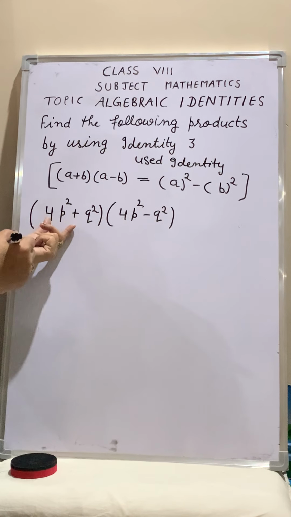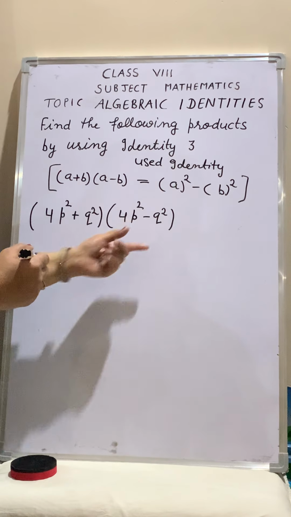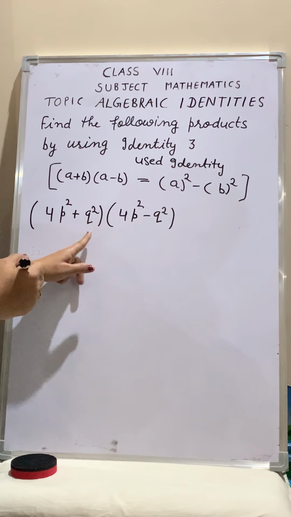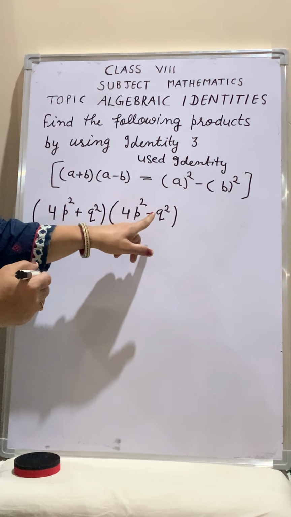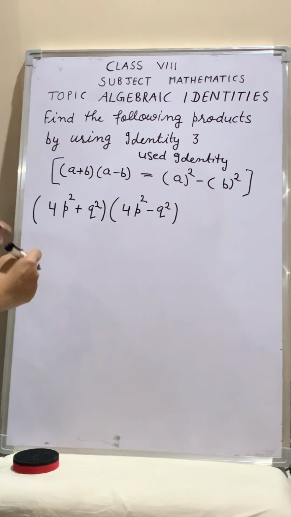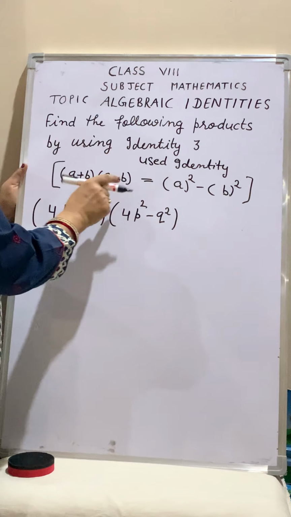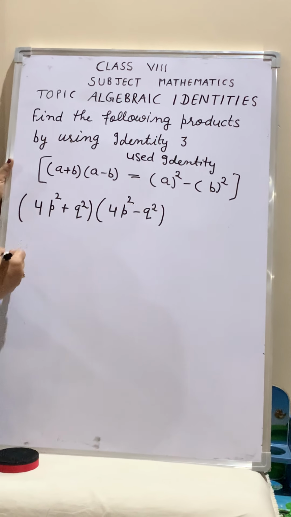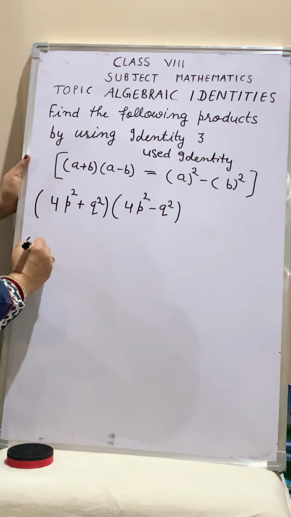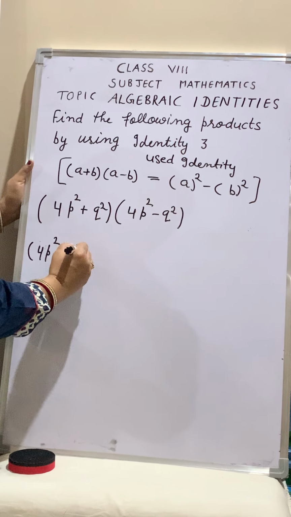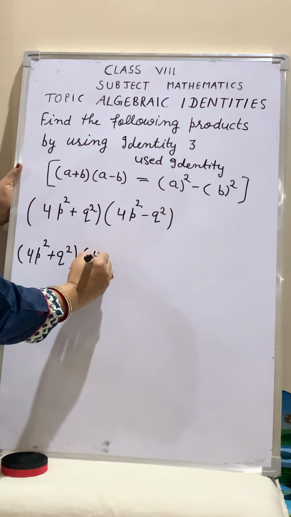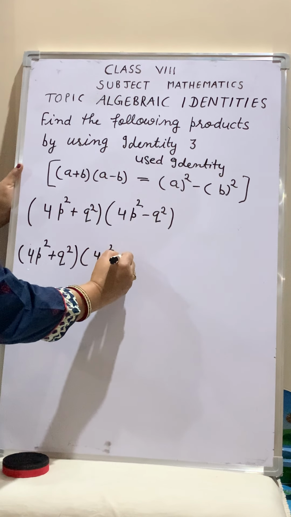In the first binomial and in the second binomial, the first term is the same, and the second term is also the same. The difference is the plus sign and the minus sign. So we'll use this identity. It is the left hand side. So first of all we will write 4p square plus q square, 4p square minus q square.